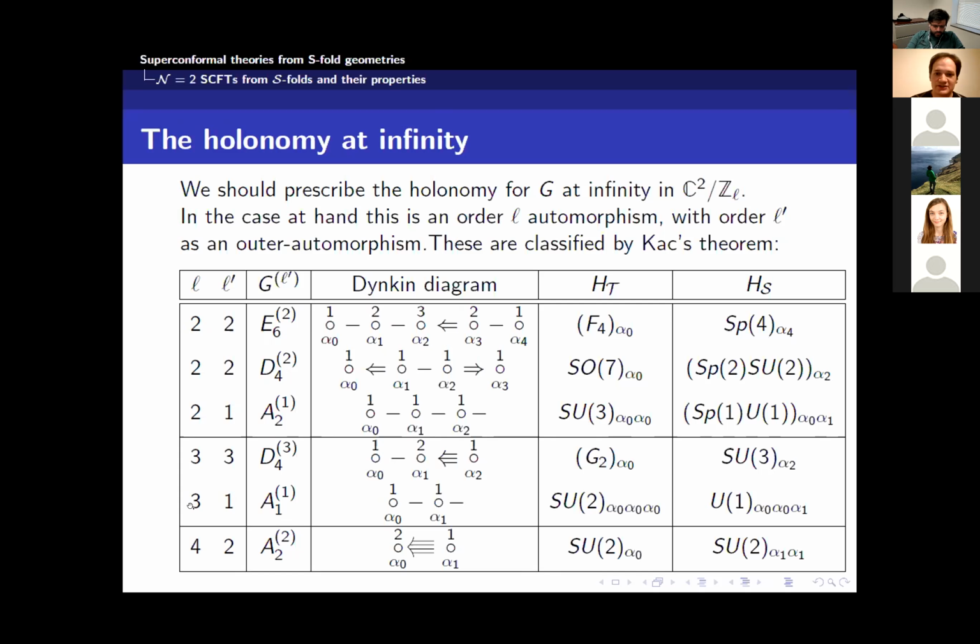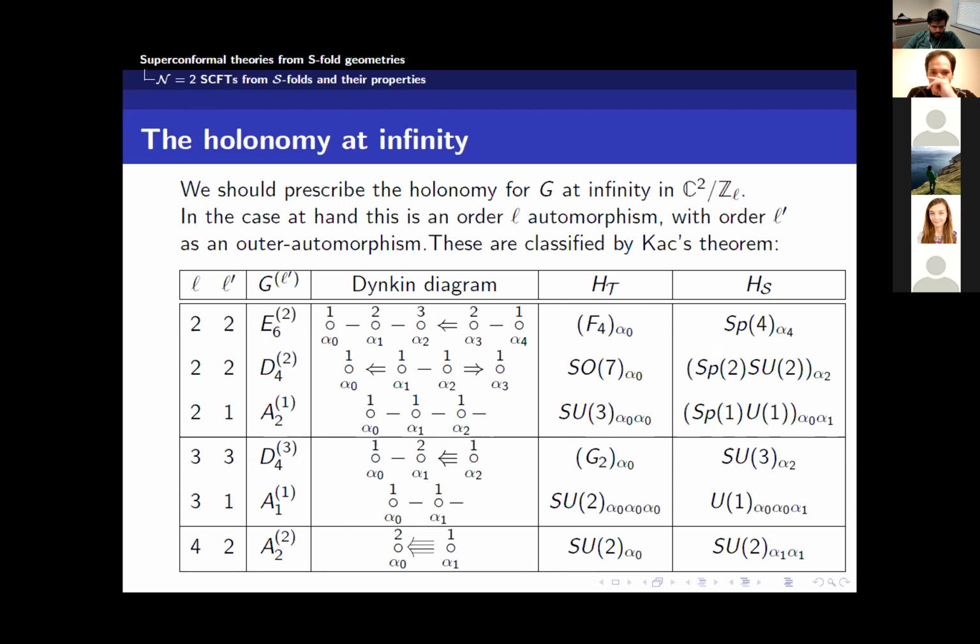And precisely in these cases, we can notice that both H_T and H_S have exactly the same rank as G. But this is not true in the other cases. The rank does go down. So this in particular illustrates the point that we can refine the standard construction of instantons on ALE spaces by considering the inclusion of outer automorphism.